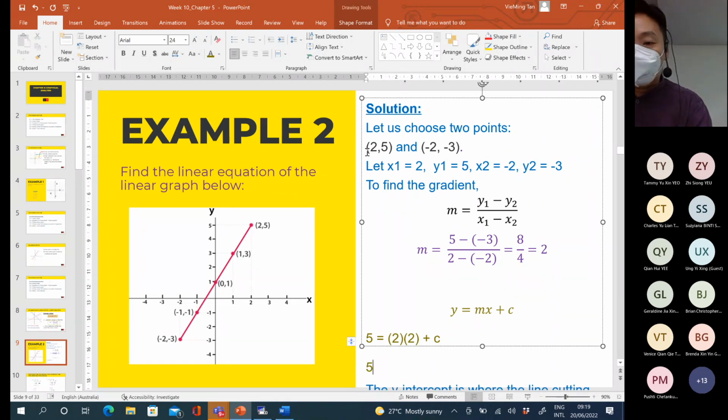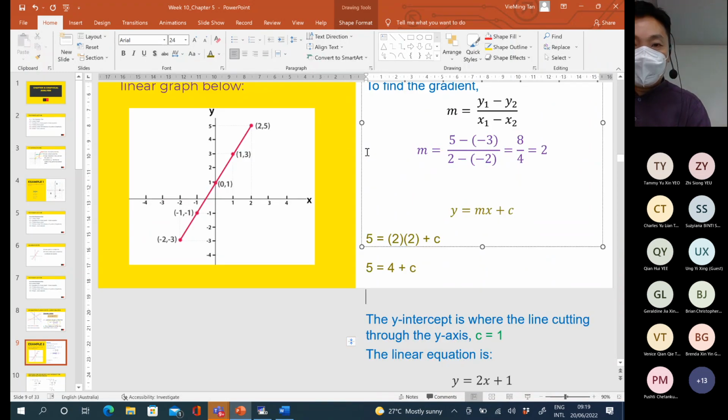So 5 is equal to 4 plus c. So that means c is equal to, this one is a small letter c. We have to move 4 to the left-hand side, so minus 4. Answer is equal to 1. Okay, c is equal to 1.